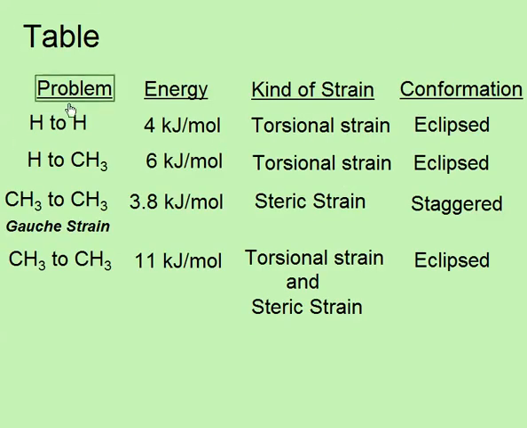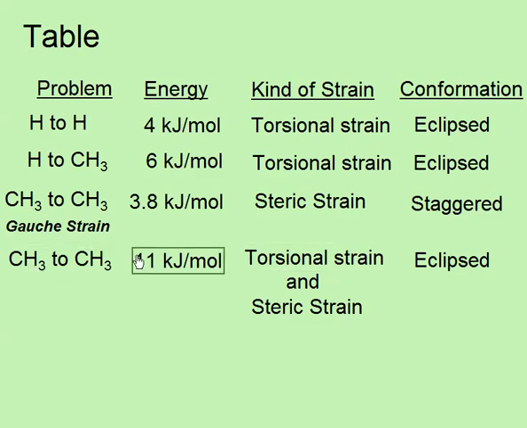So we've got hydrogen to hydrogen, which is 4 kilojoules, hydrogen to methyl, which is 6, and then almost double, methyl to methyl, which is 11 kilojoules. These are our 3 examples of strain energy when it's in the eclipse conformation.